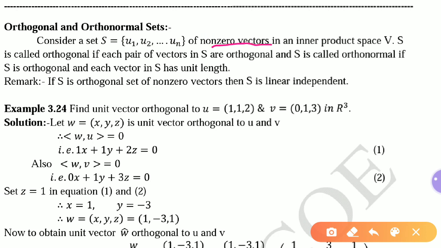If you take any two vectors from that set and they are orthogonal, then that set will be called an orthogonal set.